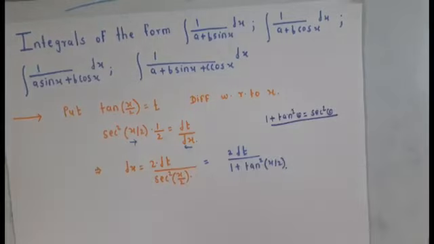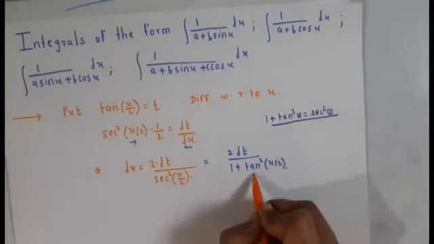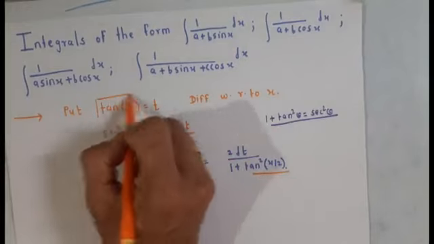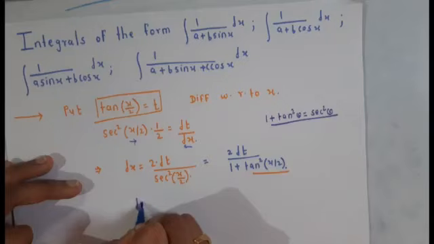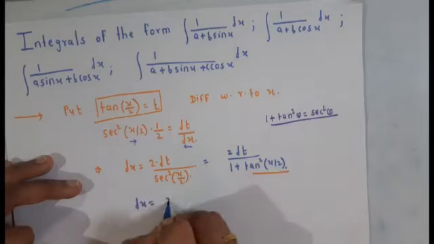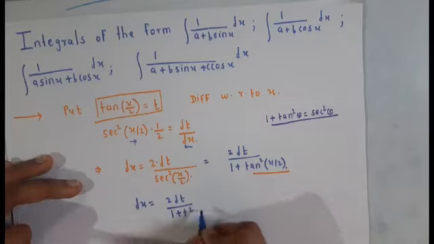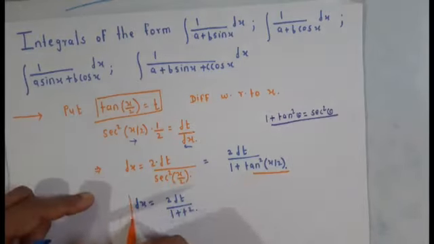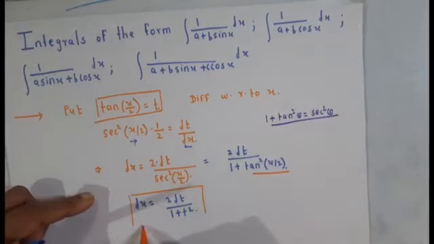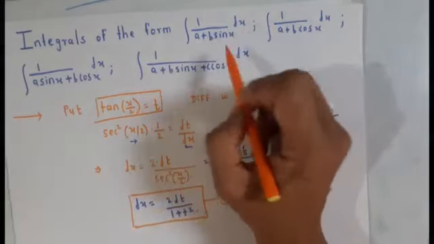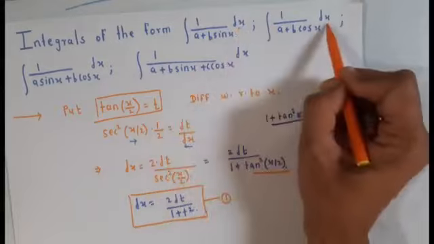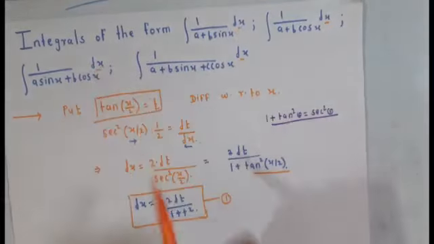Putting the value of tan x by 2 equal to t, we get dx equal to 2 dt upon 1 plus t square. Students, this is the value of dx in every type of this integral. Now the value of dx we have found.